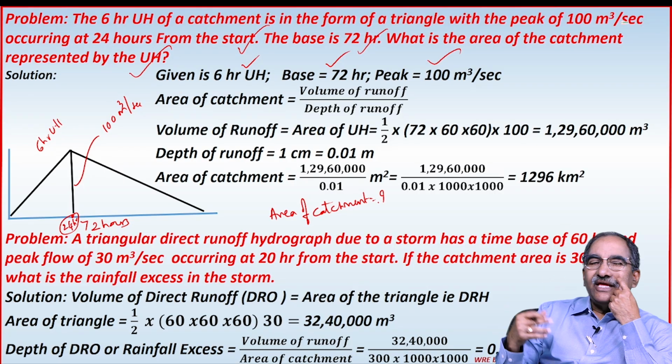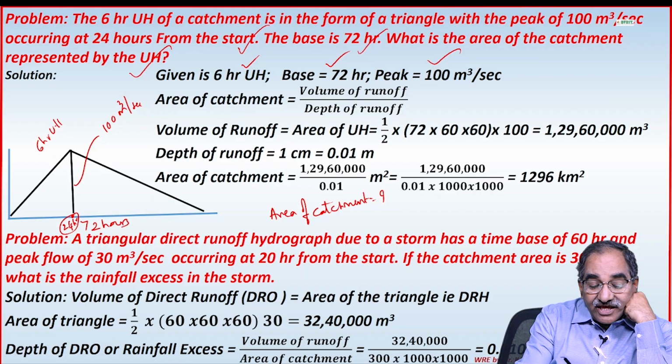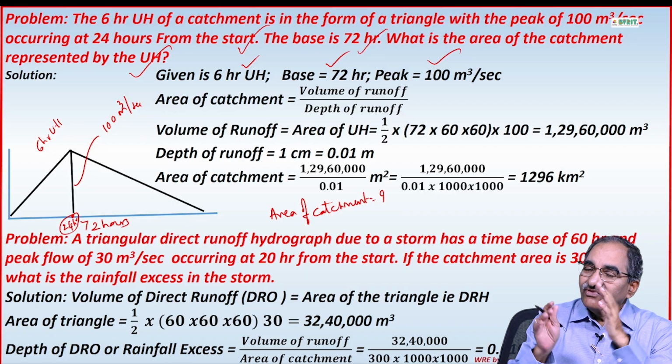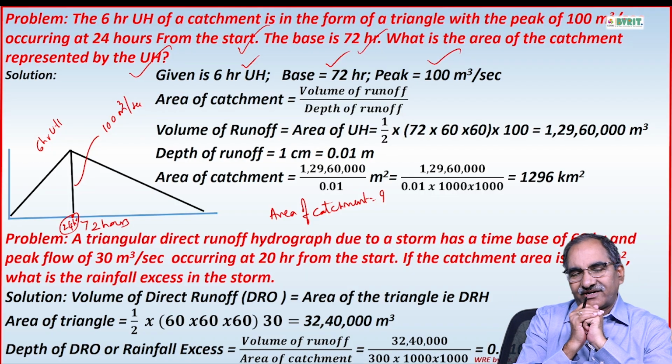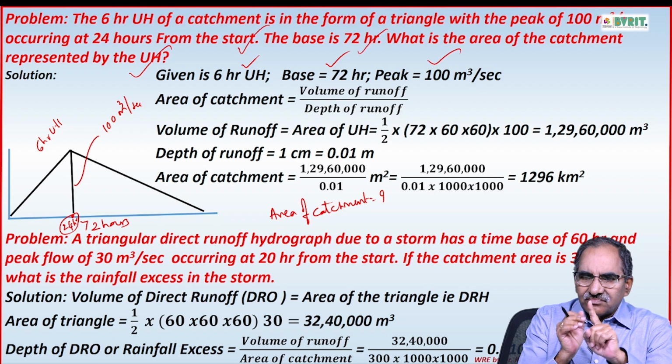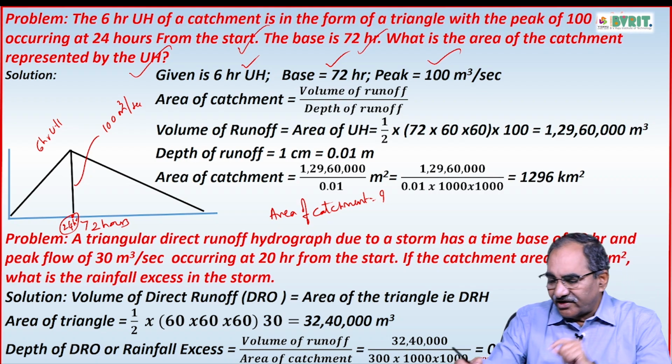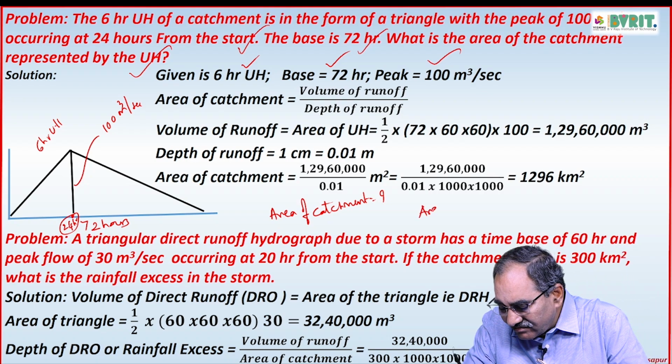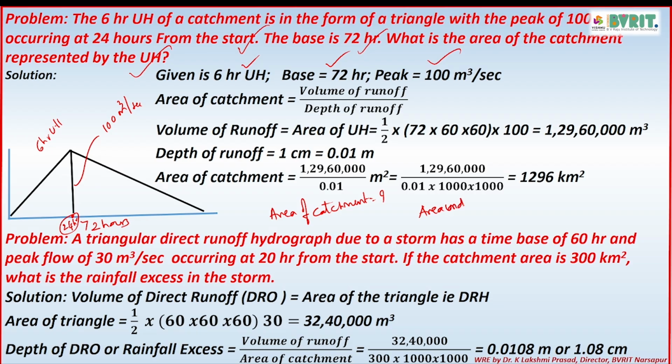Let us think. The area under this unit hydrograph is equal to the volume of direct runoff. Yes or no? Area under unit hydrograph, what is this actually if you take it? It is only half into base, right?